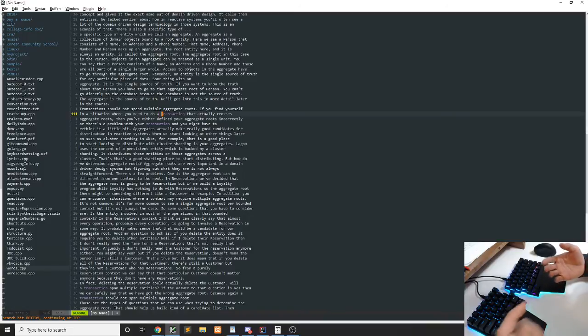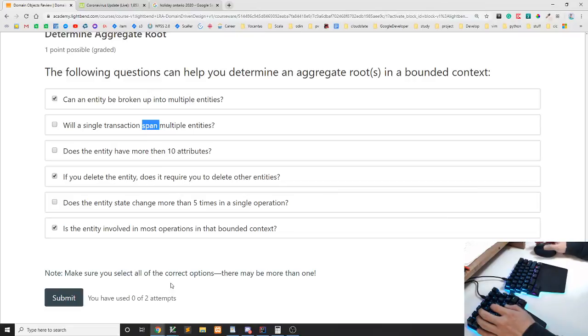So, for example, if I tried to pass one aggregate root and other aggregate roots in the transaction, it is not the aggregation root anymore. There might be a chance to have a higher level idea that can be the candidate of the aggregation root.